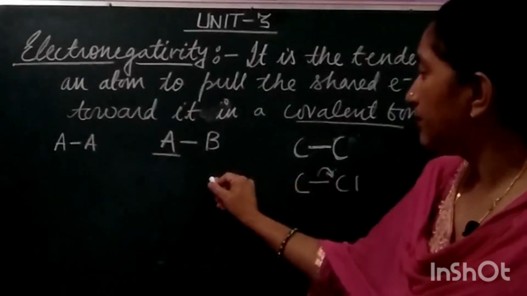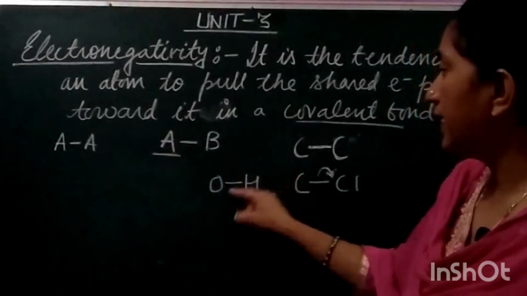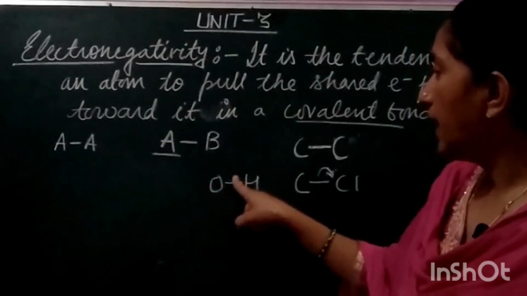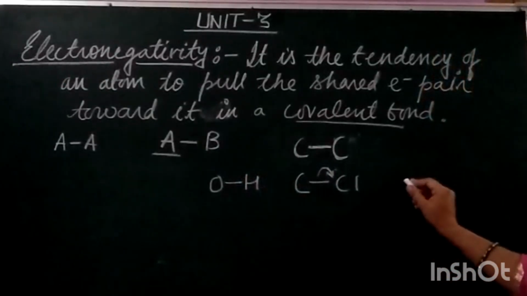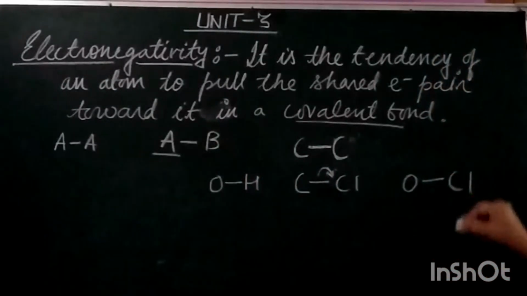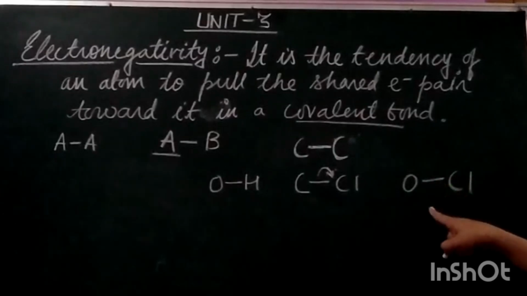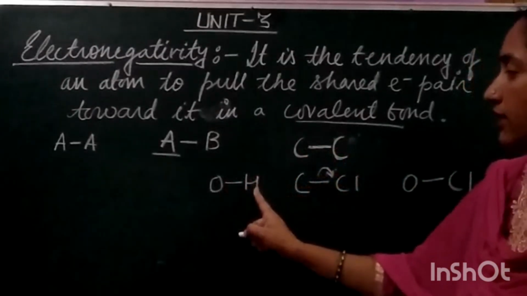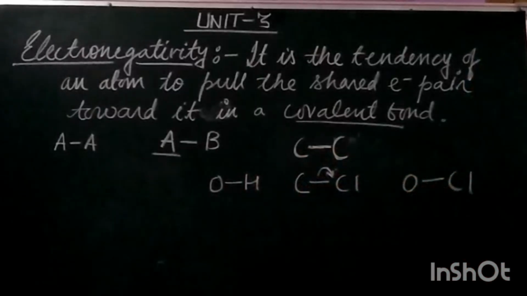Now if we take the example of O-H, in this case definitely oxygen is going to be more electronegative, right? But if we come to the case where oxygen and chlorine have a shared covalent bond formed between them, it will not be so that oxygen is more electronegative.